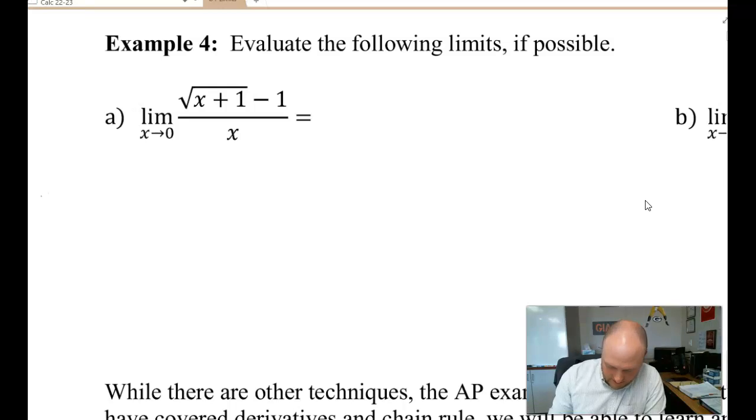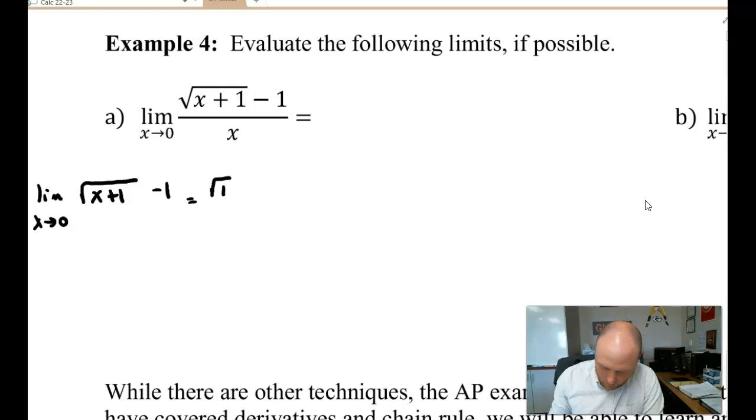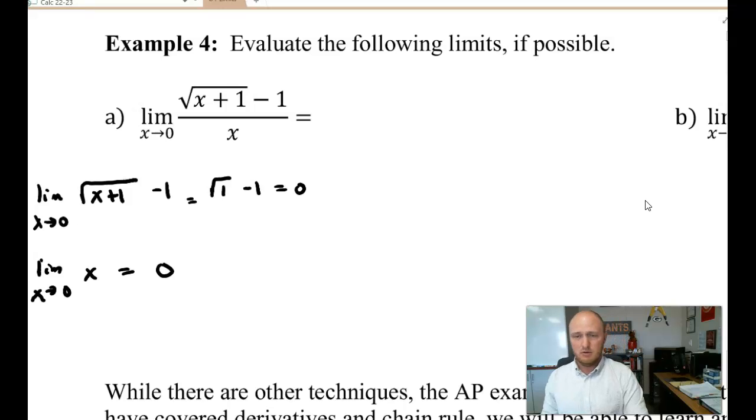So what I would do is I would take the limit of the numerator, the limit of the square root of x plus 1 minus 1 as x approaches 0. Now if I do this, I get the square root of 1 minus 1, which is 0. Okay? And now the limit of the denominator. The limit as x approaches 0 of x, well, that's just 0. Indeterminate.